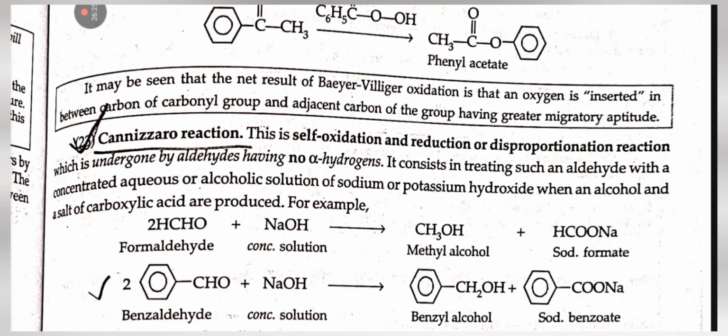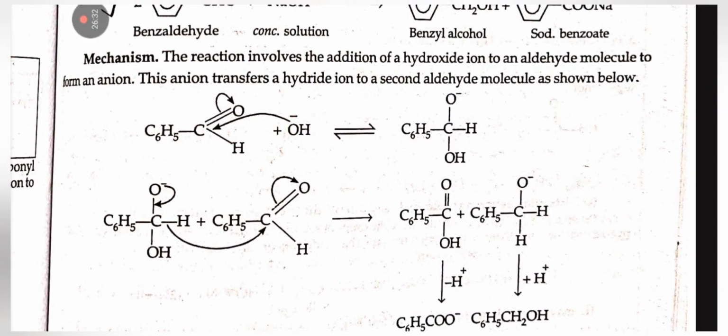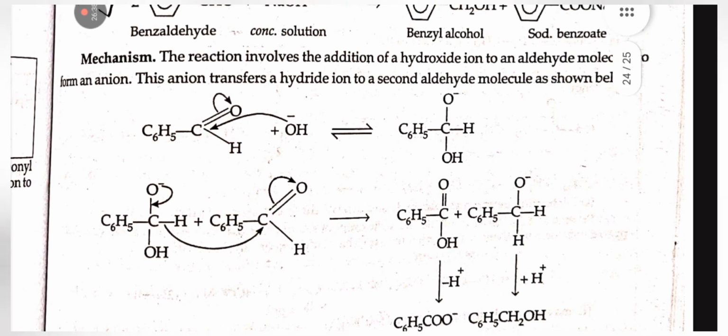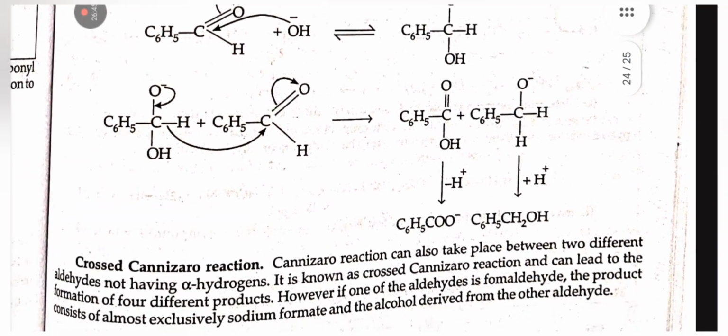Mechanism. This reaction involves the addition of hydroxide ion to an aldehyde molecule to form an anion. This anion transfers a hydride ion to a second aldehyde molecule as shown below. This is the mechanism for this reaction. Cross Cannizzaro reaction.